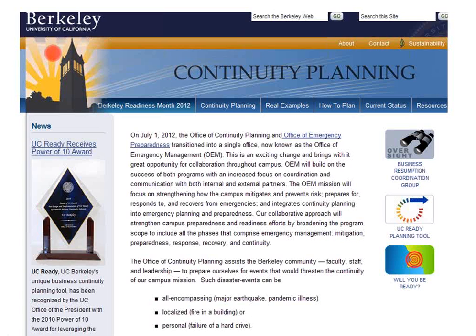So for those that are part of UC, or those obviously that aren't, we have a UC Ready Planning Tool. This was developed by UC Berkeley several years ago, and it used to have a different name.